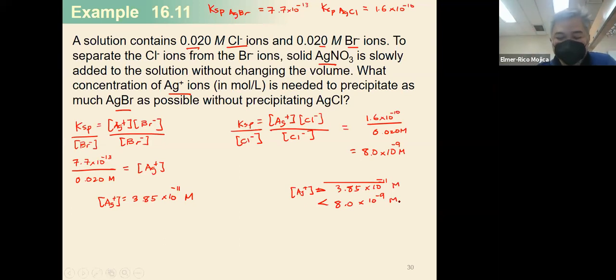So that's the range that you have. By doing this, you only precipitate your silver bromide. Your silver chloride will remain in solution. But once you reach 8.0 times 10 to the negative 9, you're going to start precipitating your silver chloride.